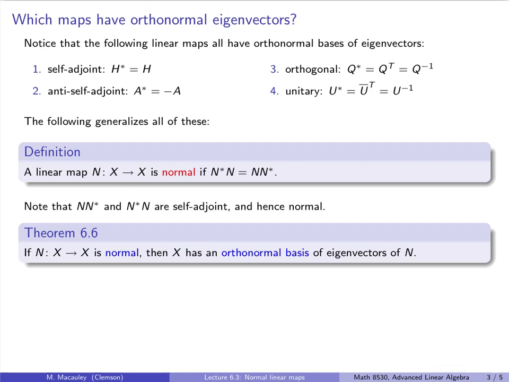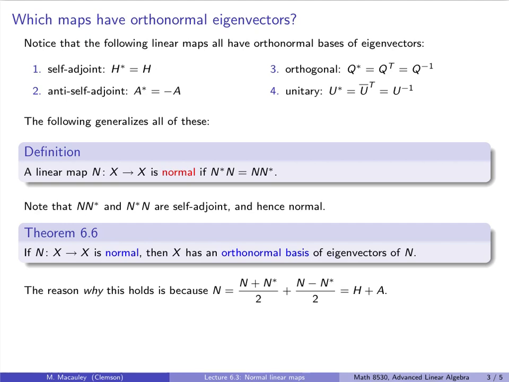Now, a natural question is, what is so special about this property that's going to give us an orthonormal basis? That's a good question, and it's not clear immediately from looking at it.